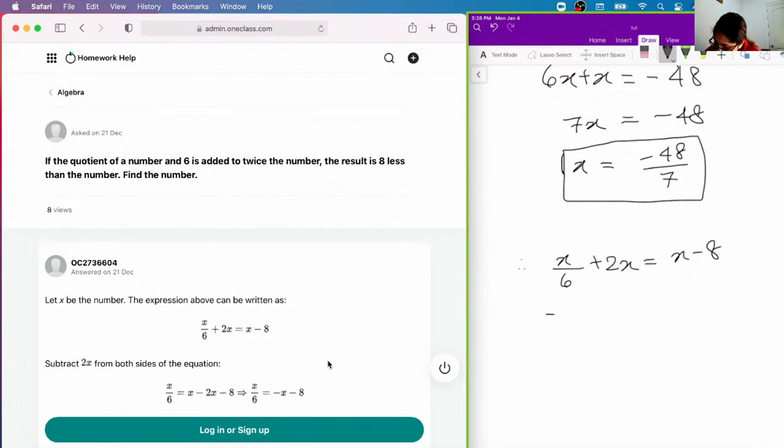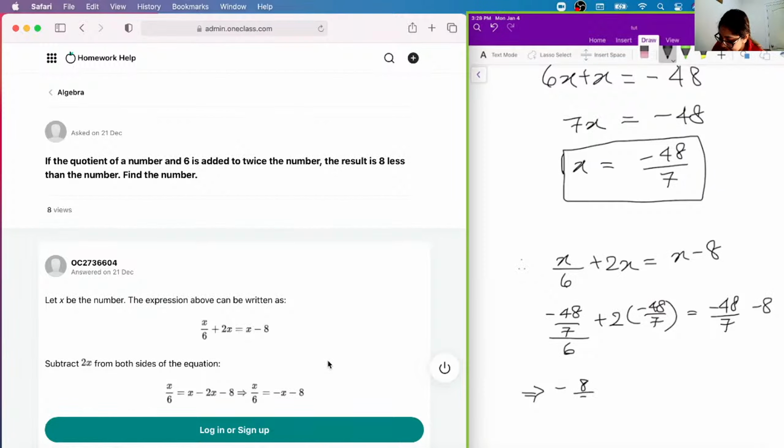We have negative 48 over 7, all over 6, plus 2 times negative 48 over 7, is equal to negative 48 over 7 minus 8.